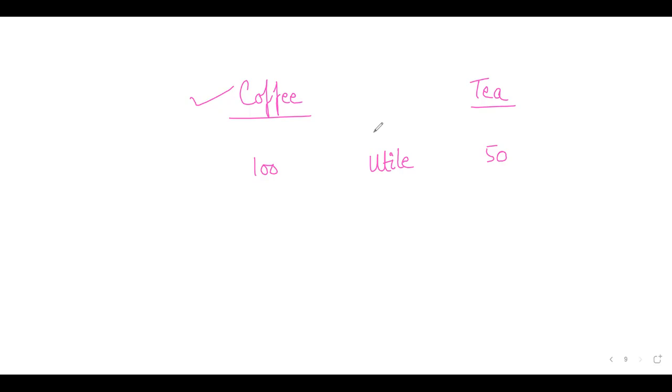But here is the tricky part. It's not only about how much satisfaction you get out of it, it's also about how much price you are paying for it. And this is very fundamental to our model. Students, think about this. Let's say you really like to watch a live cricket match.